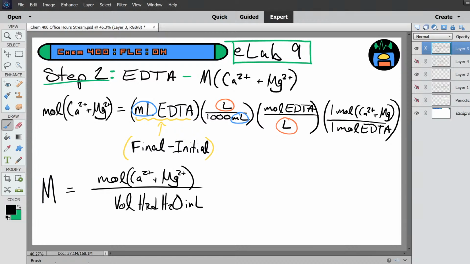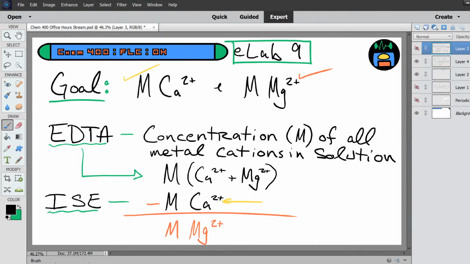And this will give you the molarity of calcium together with magnesium, which, if you recall our previous slide, is this first step. Let me box this first step: calcium and magnesium together.